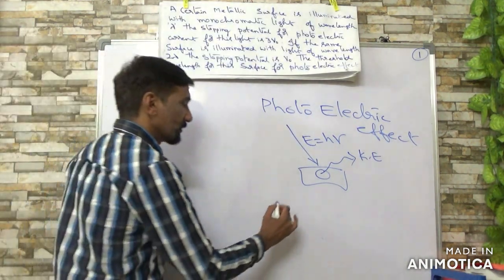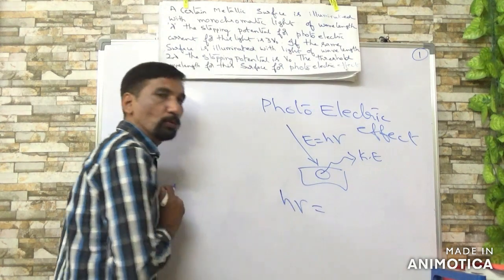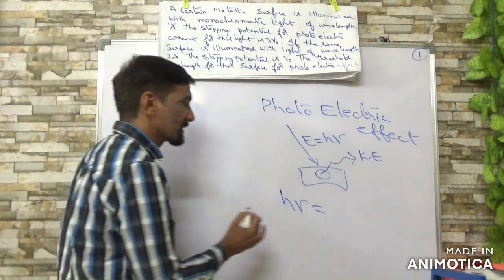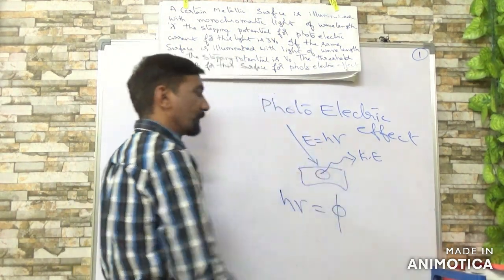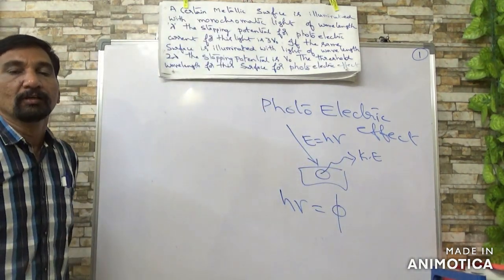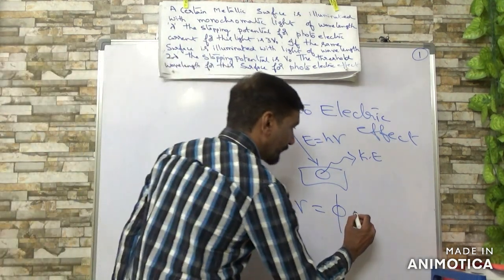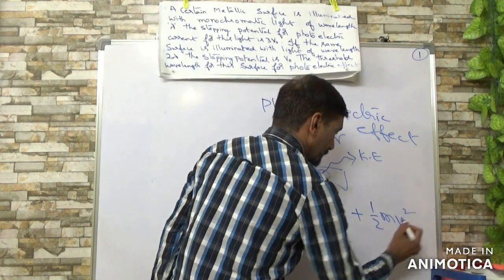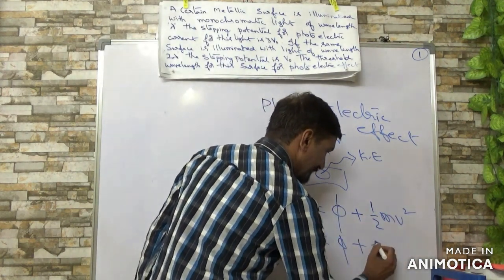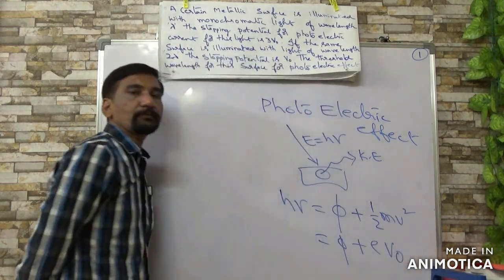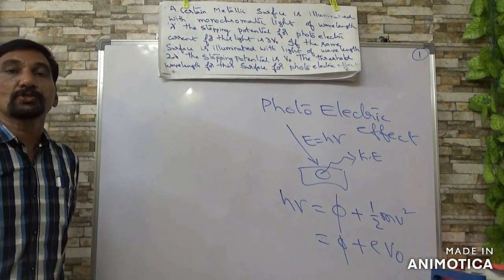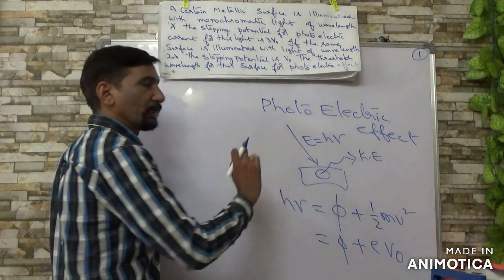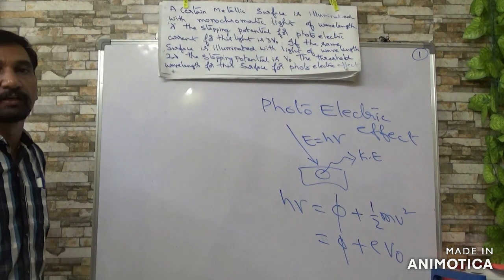So h nu is equal to work function plus kinetic energy. It can also be taken as eV naught, where V naught is called the stopping potential. Based on this photoelectric equation, today we are solving problems.